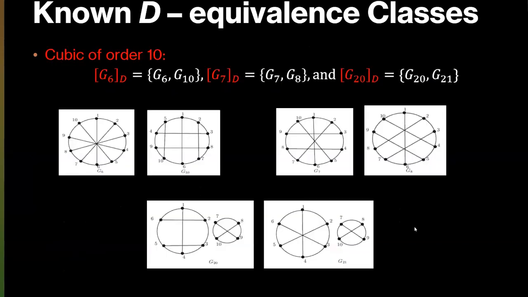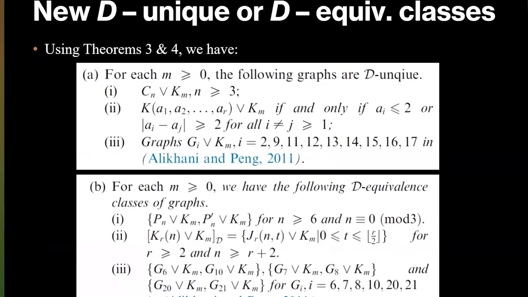We also know that for cubic graph of order 10, we have these three different classes of D-equivalent graph. These results are obtained by Alekani. So using our theorems 3 and 4 just now, we are able to get many new results.